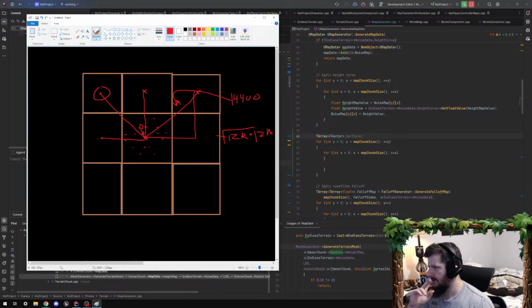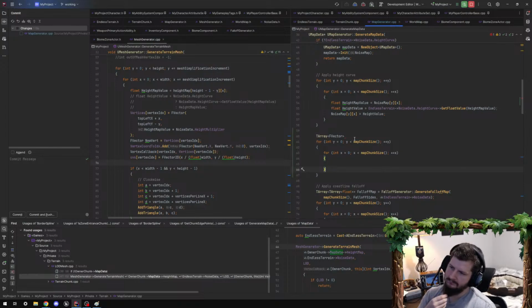Would I need the corners? No, I wouldn't. I would only need the cardinal directions, because those are always going to be closer.